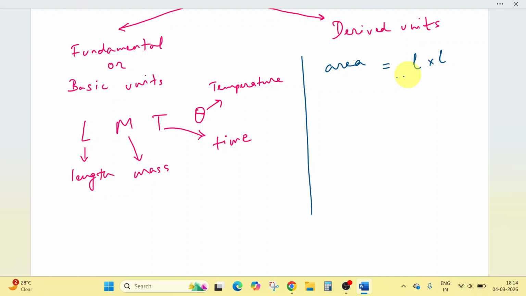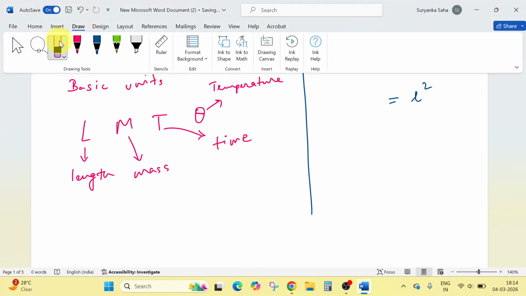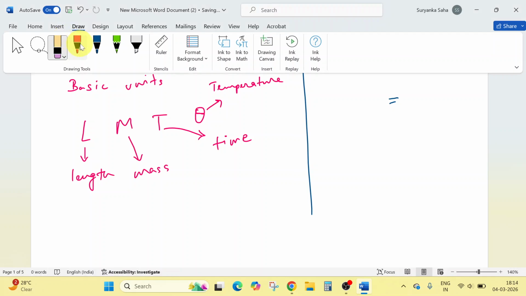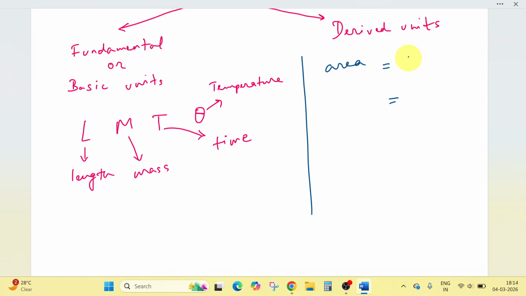See, you are multiplying two fundamental units and you are getting derived units, isn't it? So it's length square. In that way, I am writing here capital L for dimension, L into L. Now, if it is in centimeter, then it's centimeter into centimeter. If it is in meter, then meter into meter. So meter square or centimeter square.